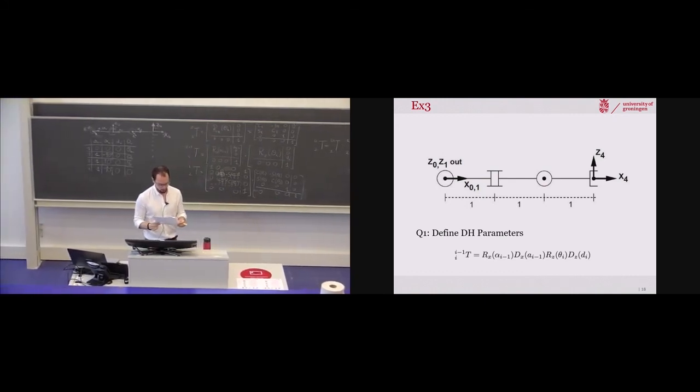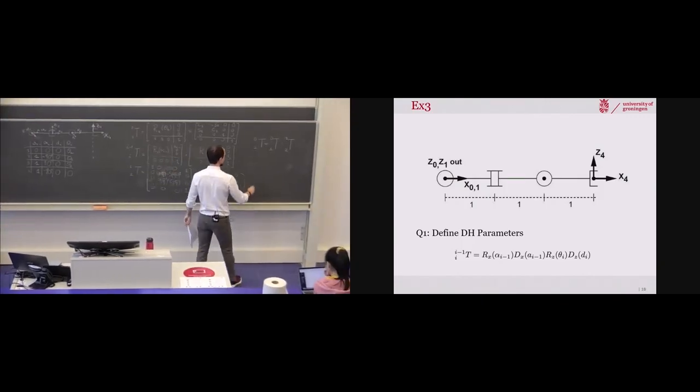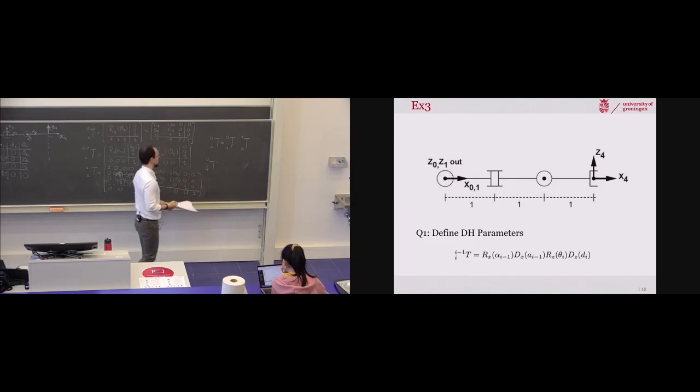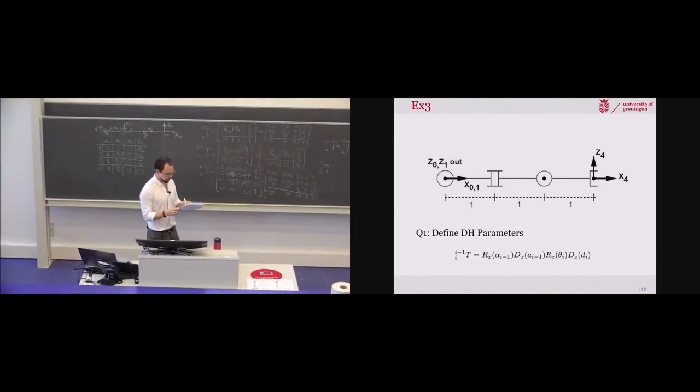You go on with this path for all of the joints, and you obtain the transition matrix from frame 0 to frame 4, okay? So it is just a mechanical computation that I will not do here.